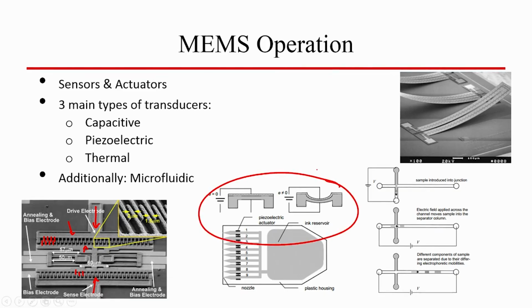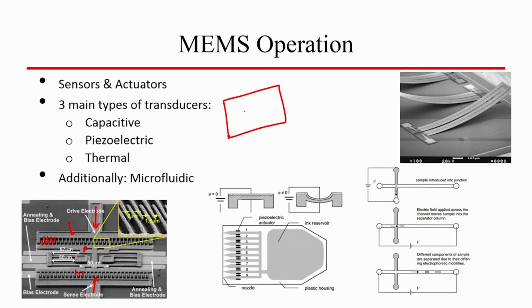Same thing goes for here. You see there is a diaphragm, right. If I have a diaphragm and I apply a pressure, then there is a change in the resistance. For example, if I take a silicon wafer and grow oxide, which is my thermal oxide, silicon dioxide, SiO2.